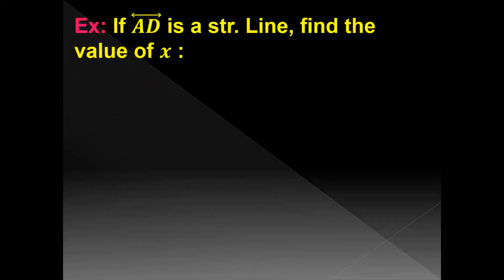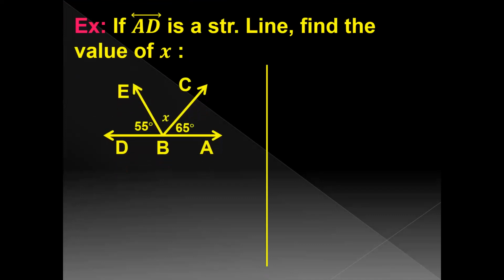Let's find some exercise. If we have AD as a straight line, find the value of x. As we see in the example, we have three angles on the same straight line: angle DBE, angle EBC, and angle CBA.